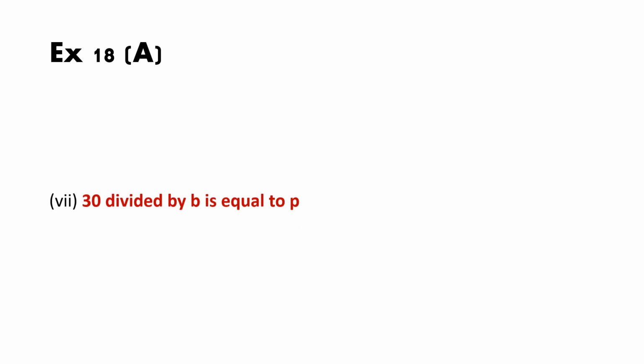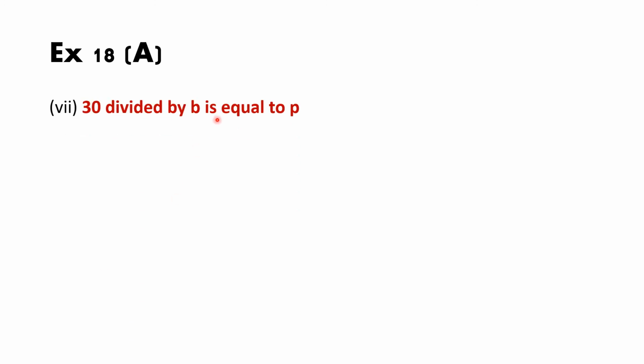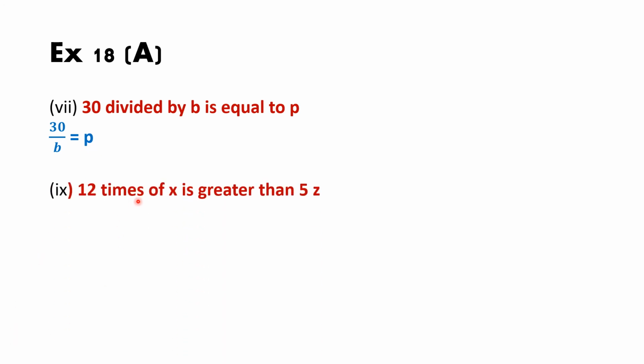Some more. 30 divided by b is equal to p. Either you can put the sign 30 divided by b, or you can say 30 by b. So we can write like this also. 30 by b is equal to p. Are you getting it? Next, 12 times of x is greater than 5z.